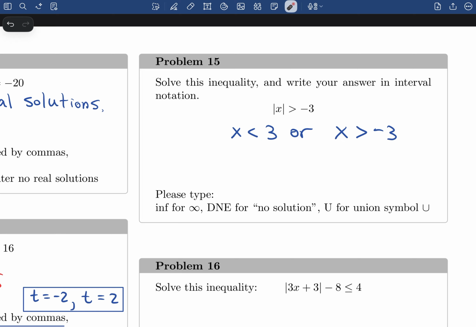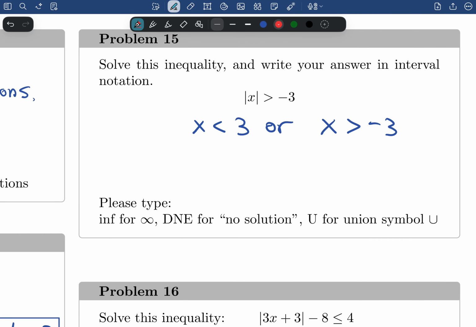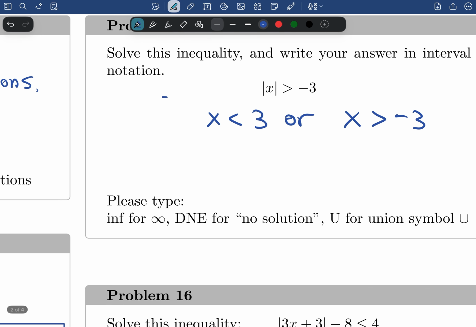There you go. I challenge you, when you have compound inequalities with the word or between, or the word and between, go ahead and draw your two inequalities on stacked number lines, like this. And so write the smaller number on the left and the bigger number on the right.